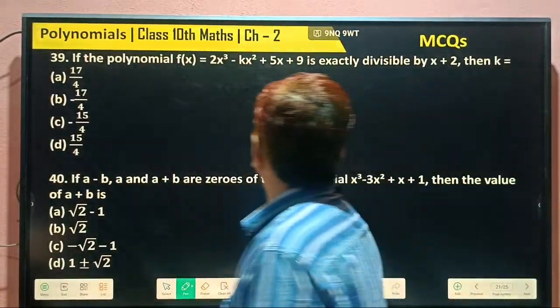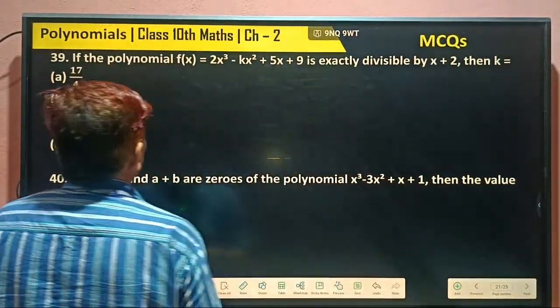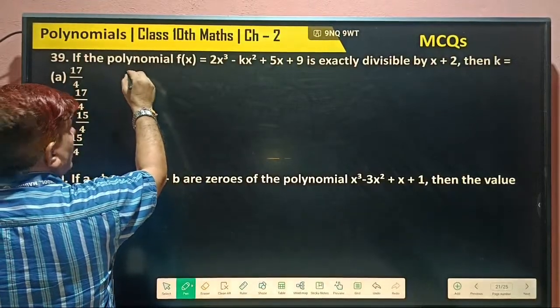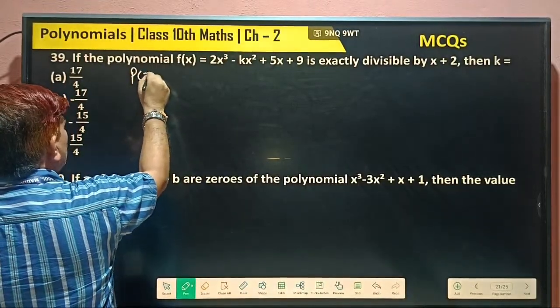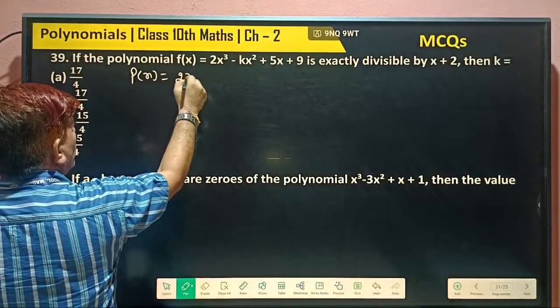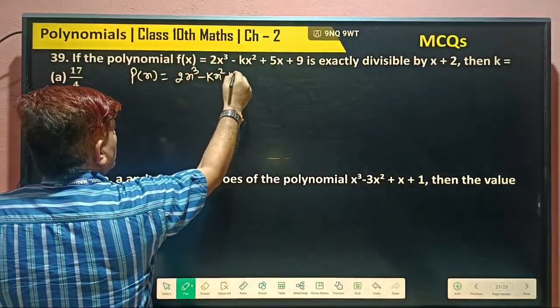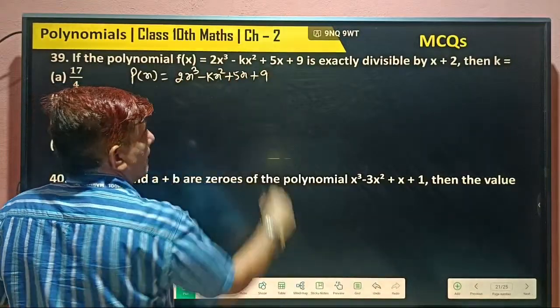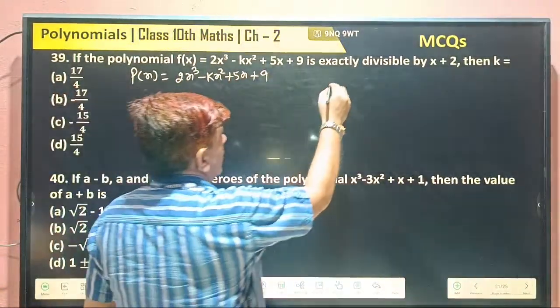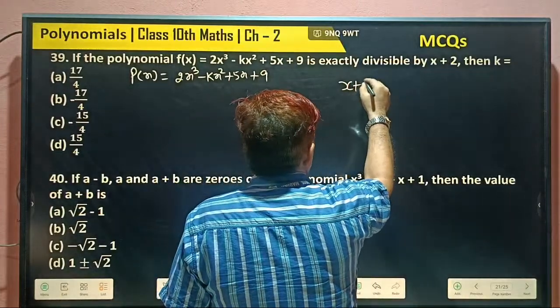Next. It is given that p(x) is a polynomial 2x cube minus kx square plus 5x plus 9, and this is exactly divisible by x plus 2.